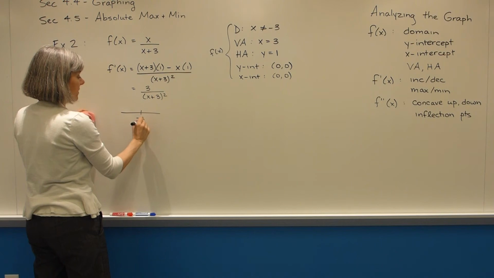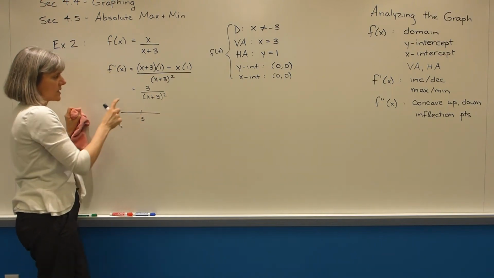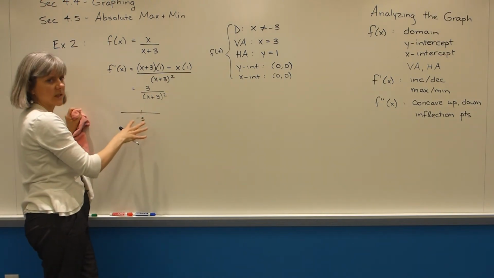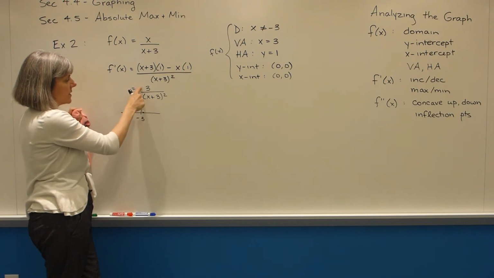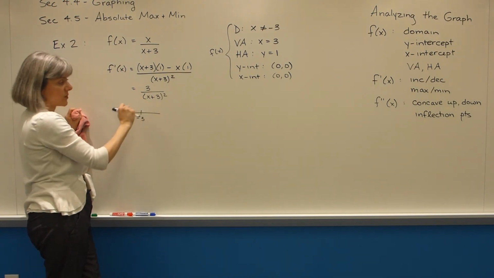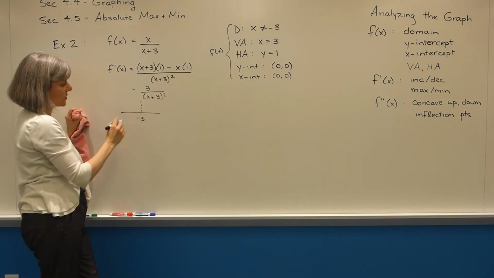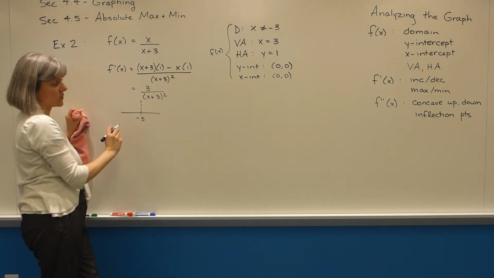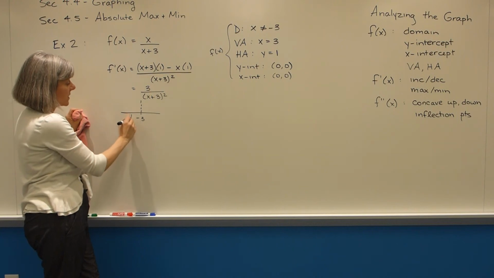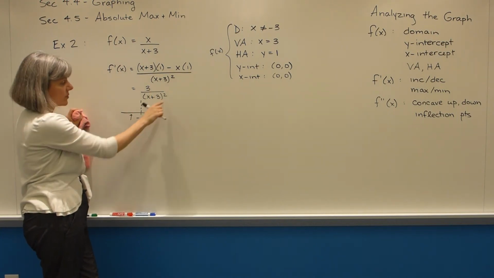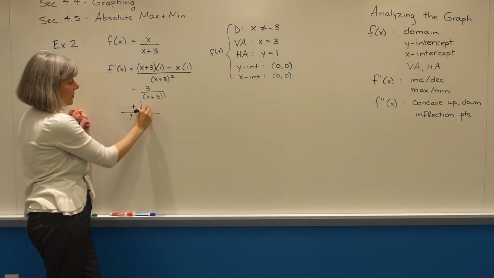So here we're going to have negative 3. But let's look at this. This is positive, and when we square something, it's always positive, except for this place here, which is actually a vertical asymptote. So I'm not going to put a dot there because there isn't one. But it means that if I put in a value in either place, because it's squared, these will be positive.